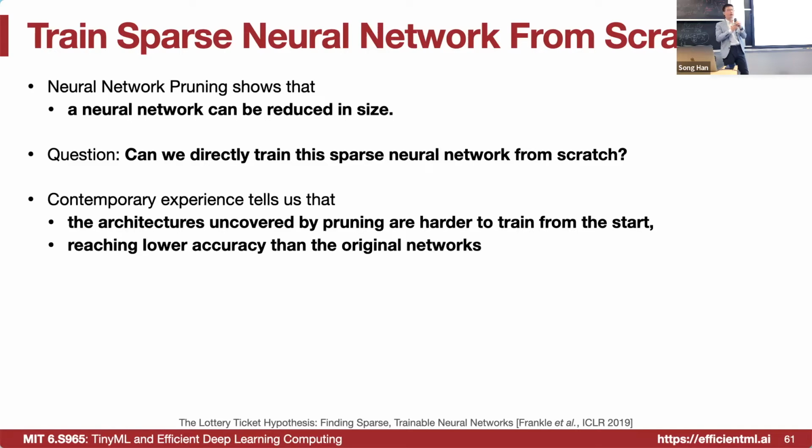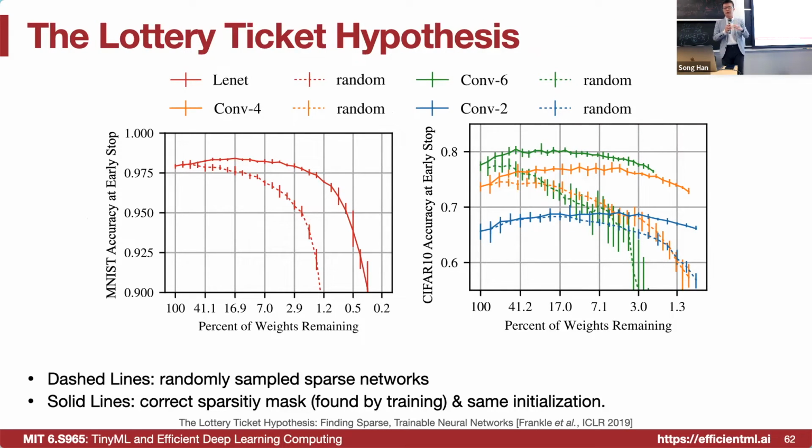Some contemporary experience tells us the architectures uncovered by pruning are harder to train from the start, reaching lower accuracy than the original networks. This is a comparison between two models, on this dataset and on the CIFAR dataset, describing a similar observation.